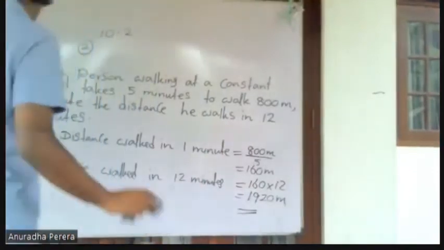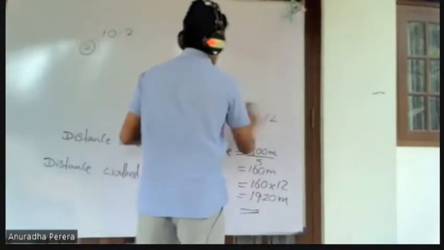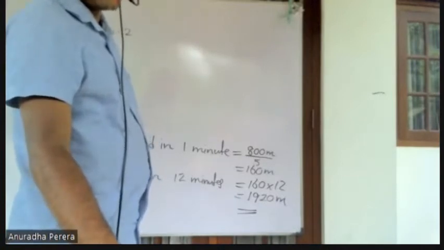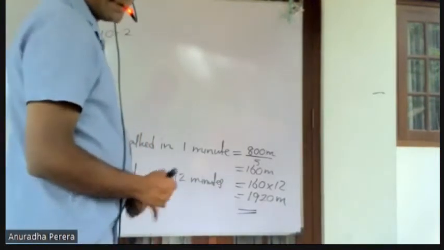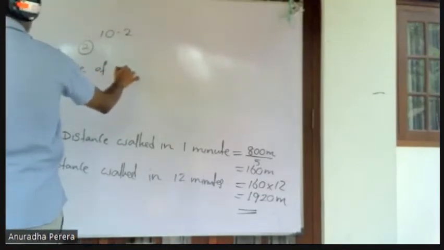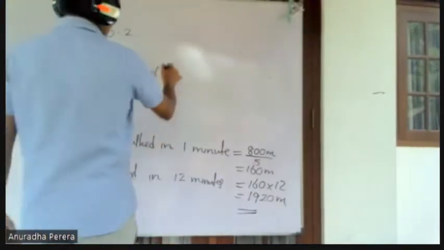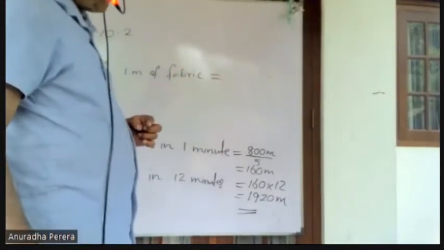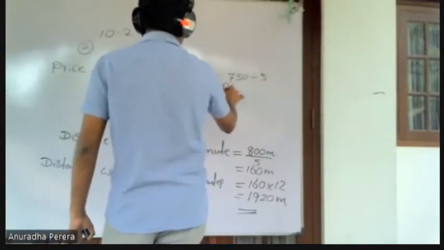What is question number 2? The price of 5 meters of a certain fabric is 750. Find the price of 12 meters of that fabric. Price of 1 meter of fabric: divide 750 by 5, which is 150 rupees.